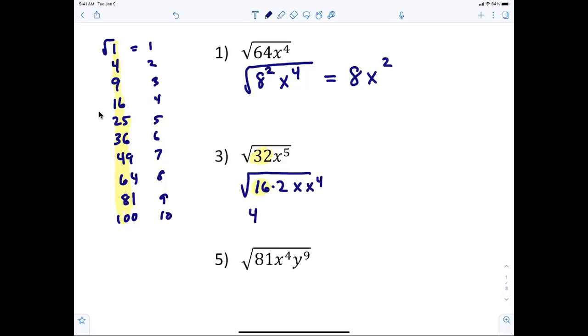What is the square root of x to the 4th? X squared. What's left behind? 2x. There you have it. It's not that difficult. Obviously, it's going to require some practice. I gave you lots of practice as we're going down the page.